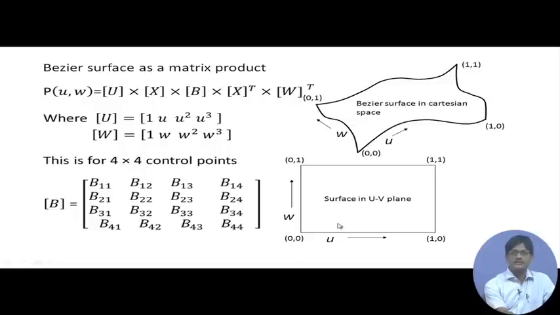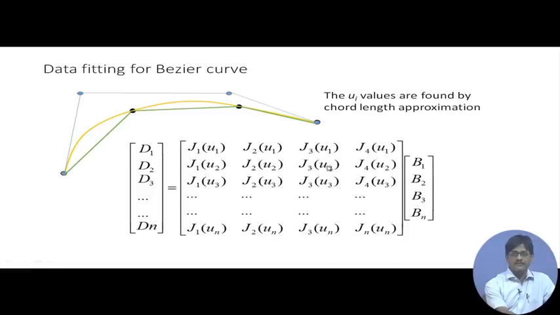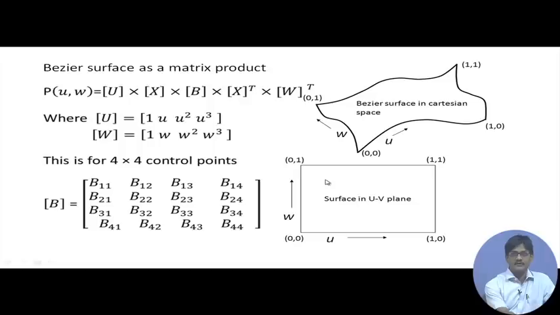It stretches from 0 to 1 on this side and from 0 to 1 on that side. Interestingly, the isoparametric lines will be straight lines parallel to the x or the y axis, as the case may be, so we will have grid lines appearing here, which will be the isoparametric lines.